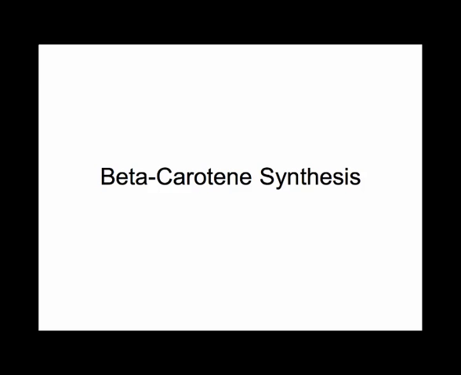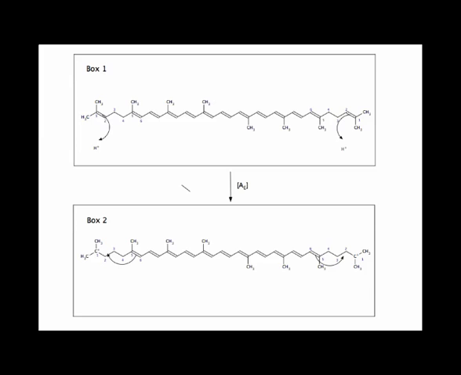Now, moving on to the second possible product, and potentially the more energetically favored product, the synthesis of beta-carotene. In box 1, just like the synthesis of alpha-carotene, the terminal pi bonds grab a hydrogen atom from a charged amino acid residue in the cyclase's active site, in a classic association of an electrophile to a pi bond.